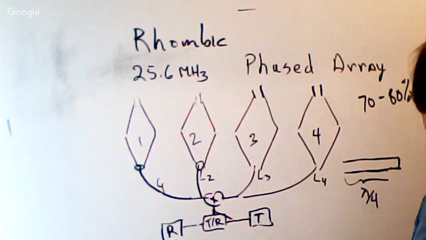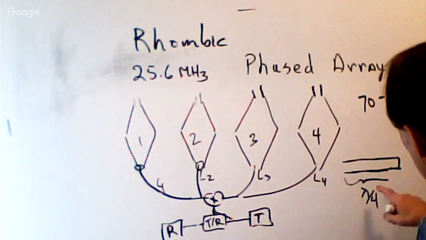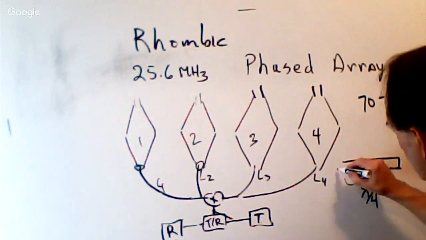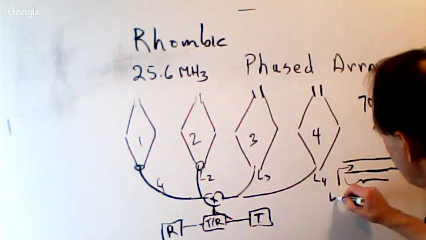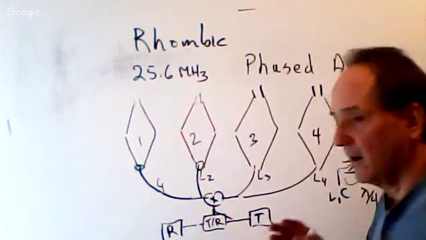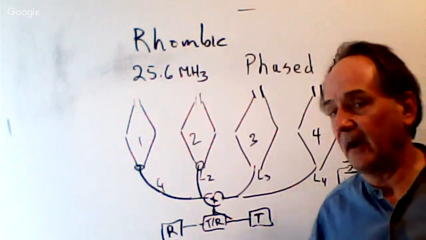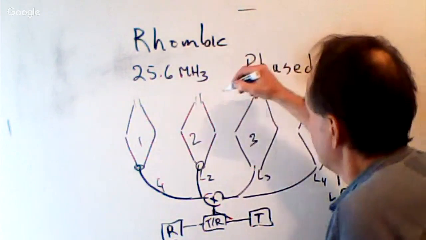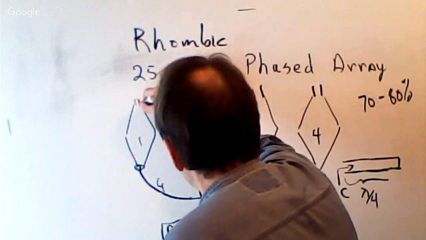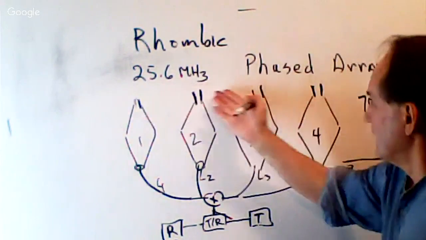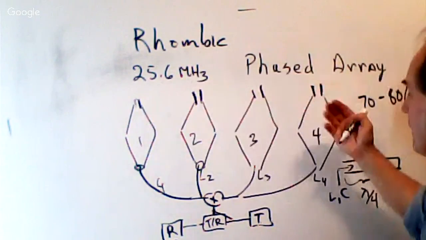And with something in between going a quarter wavelength, the line will either look inductive or it will look capacitive. And it's lossless. An ideal inductor and an ideal capacitor are lossless. They don't absorb any energy. So if you have these open stubs on the end, they don't dissipate any power.